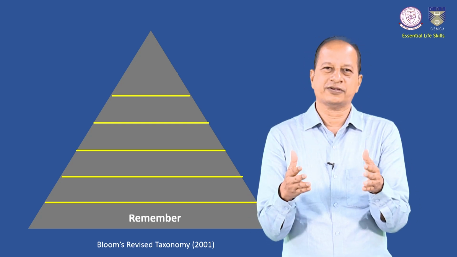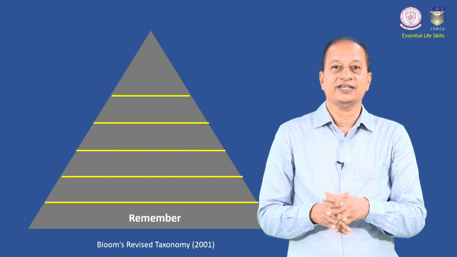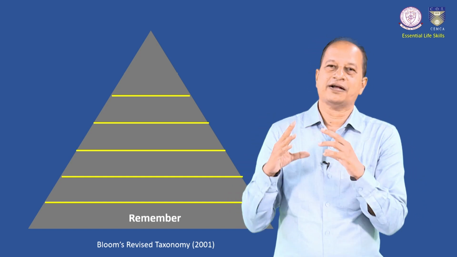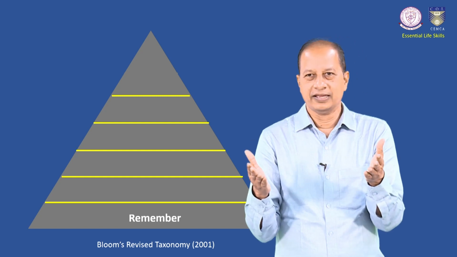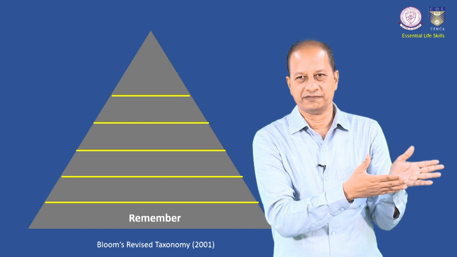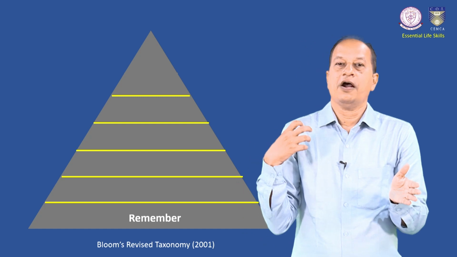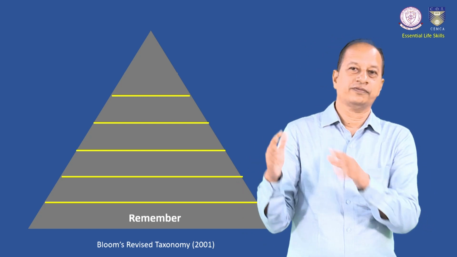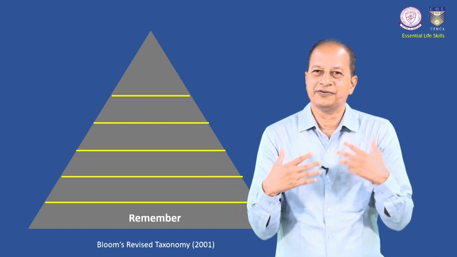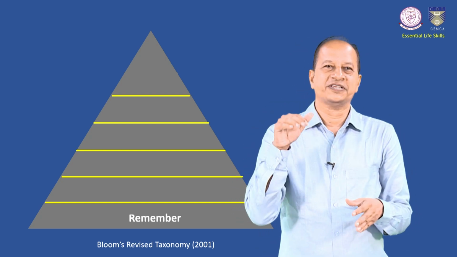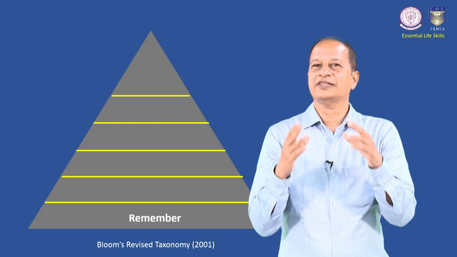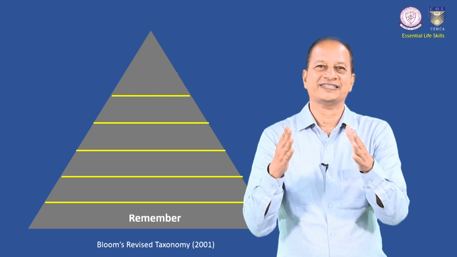We all know how important remembering is, because learning something, thinking about something, knowing something is one aspect of it, but being able to remember or recall that particular experience, that particular learning is very, very important. So remember is the first important component of the revised taxonomy.